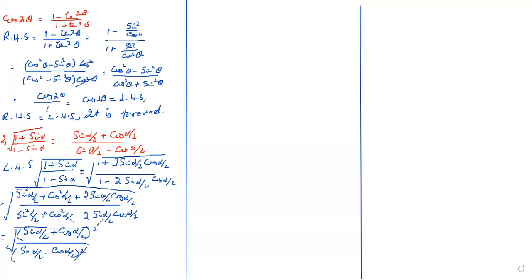Right, so now these two got cancelled with the square root, and we have the term without square root: sine alpha by 2 plus cosine alpha by 2 divided by sine alpha by 2 minus cosine alpha by 2. Right? Which is equal to the right hand side. So left hand side equals the right hand side. So it is proved, or hence proved.